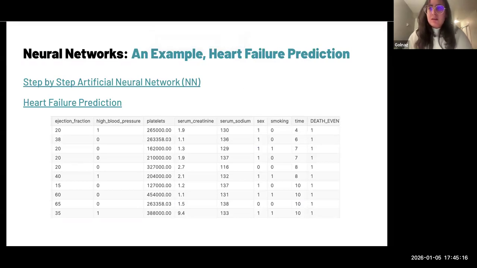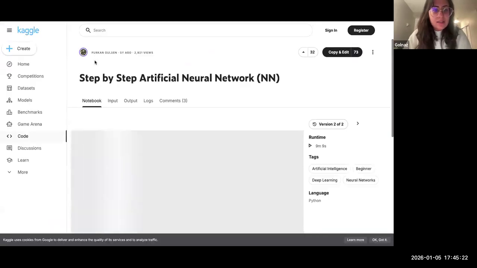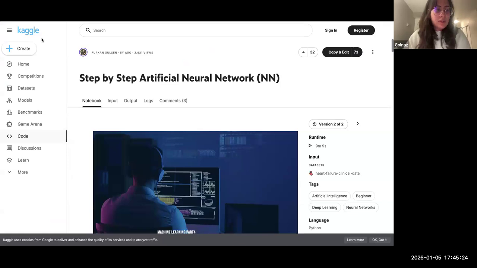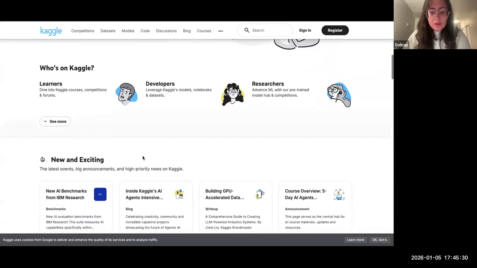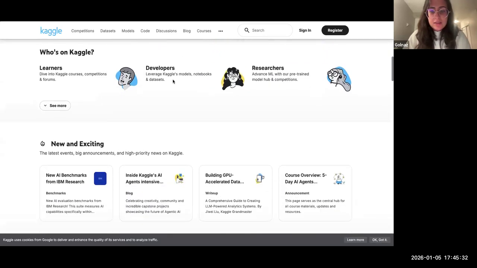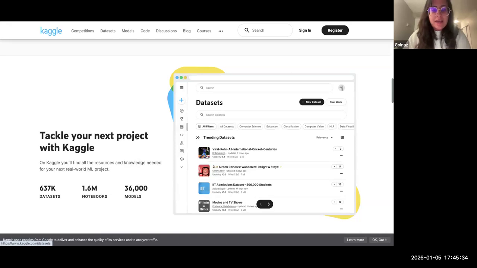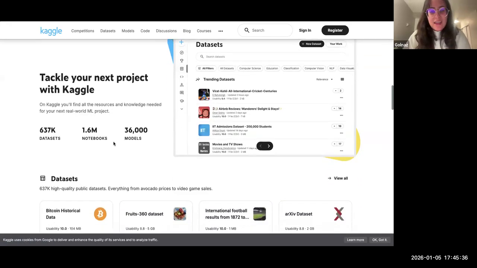So here I have an example, and mainly I have it here as an excuse to introduce you to Kaggle. Kaggle is a place where people put their data sets that they've collected and ask other people to solve them.